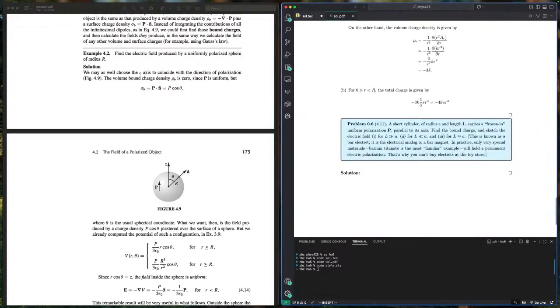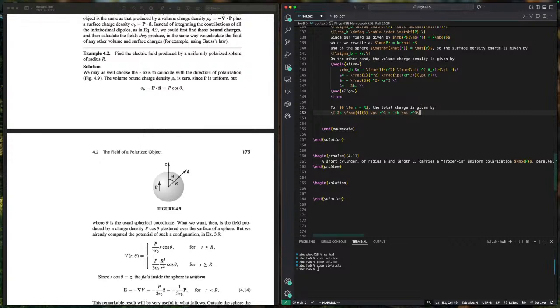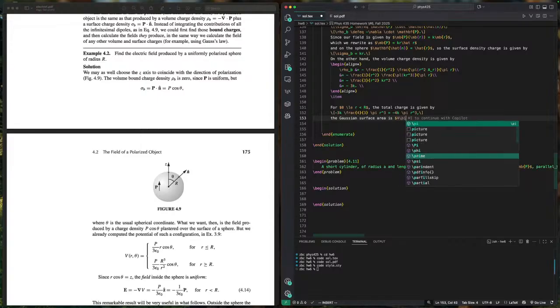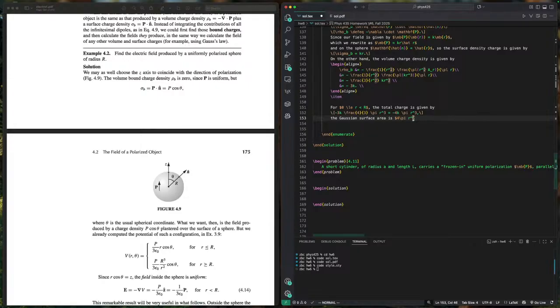Right. The surface area is 4 pi r squared.